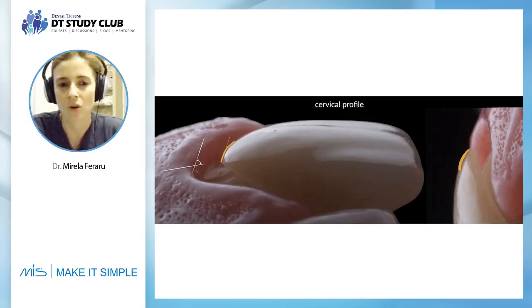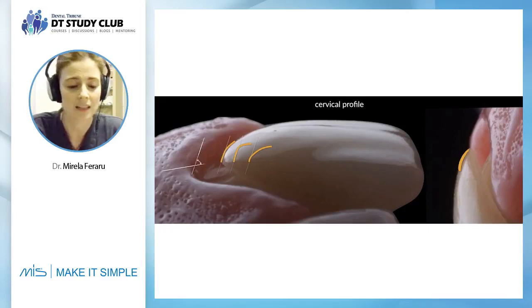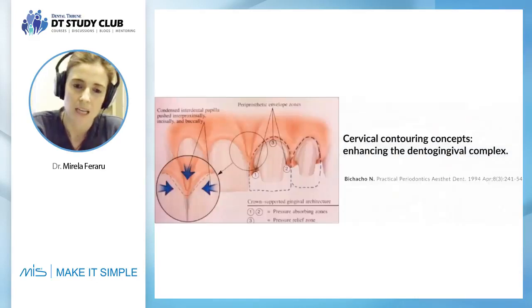It can be more over-contoured, it can be more flat, as we can see here, and later on we will understand what is actually the impact of such a design when it comes to the soft tissue. So even more striking to the eye is that we can have at the same emergence angle a different type of cervical profile. So clinically, we are going to relate much more to the cervical profile of a specific restoration in relationship with the soft tissues.